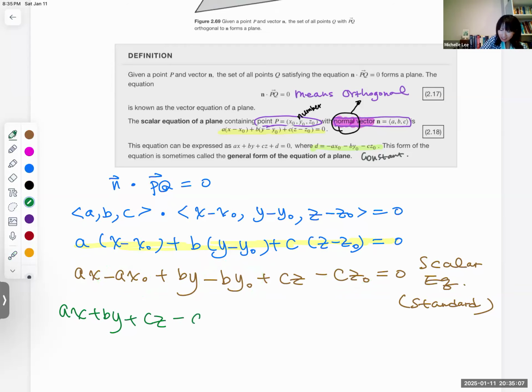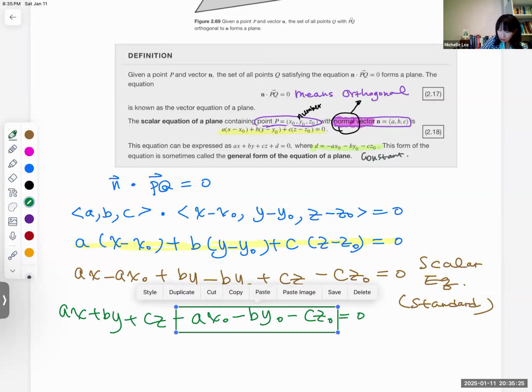So negative ax naught minus by naught minus cz naught equal to 0. Let's say that this is equal to d, just any variable, right?